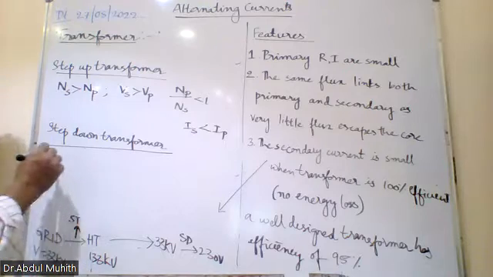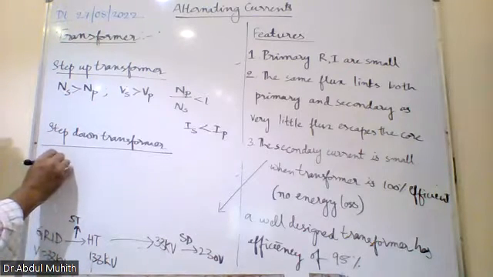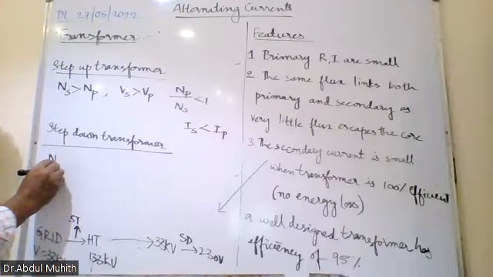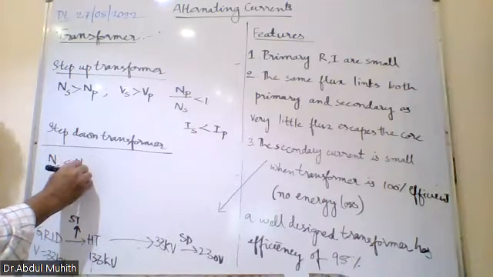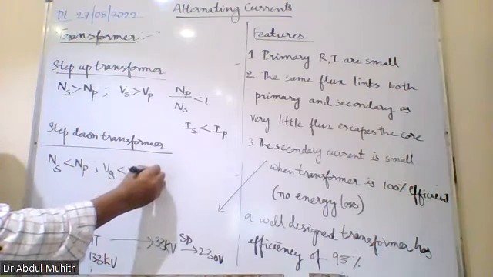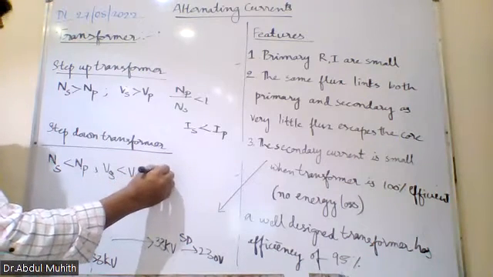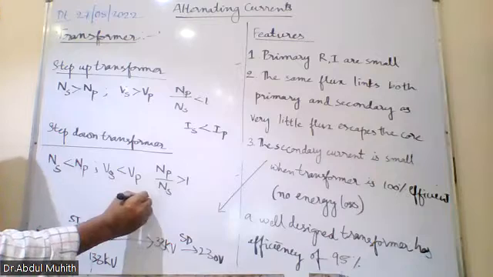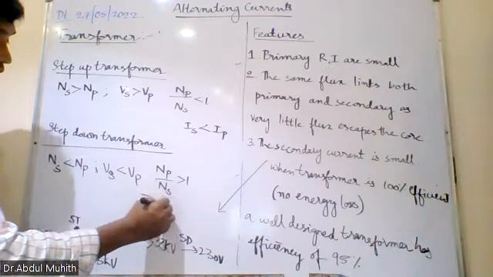Now here NS is less than NP, and VS is less than VP. In that case, the turns ratio NP by NS will be greater than 1, and the current in the secondary will be greater than the current in the primary.